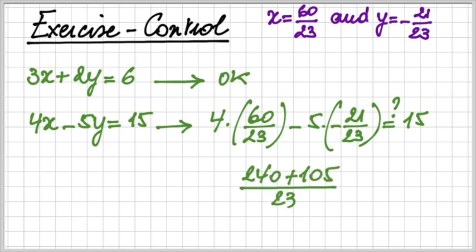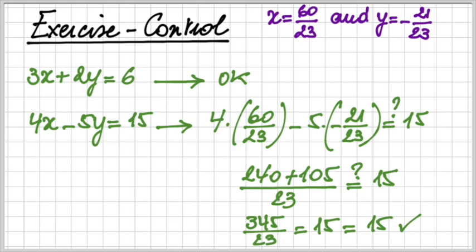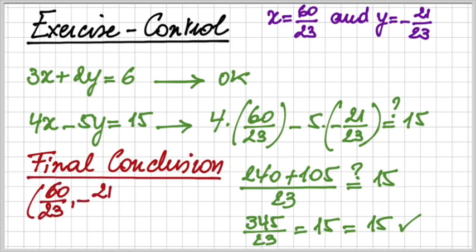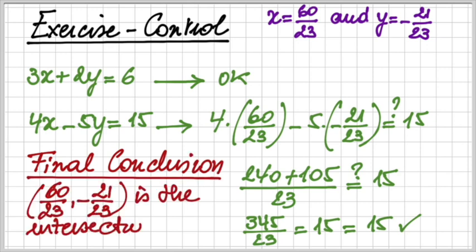So we have 240 plus 105 divided by 23 on the left-hand side, which is 345 divided by 23. And when we divide, this is equal to 15, which means that we found the solution. So in this case, we can say that the final conclusion is that 60 over 23 and minus 21 over 23 is the intersection point of the two lines.